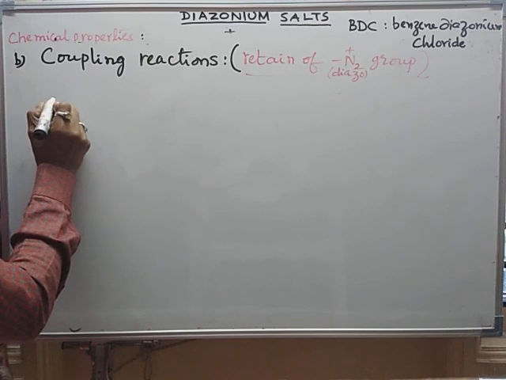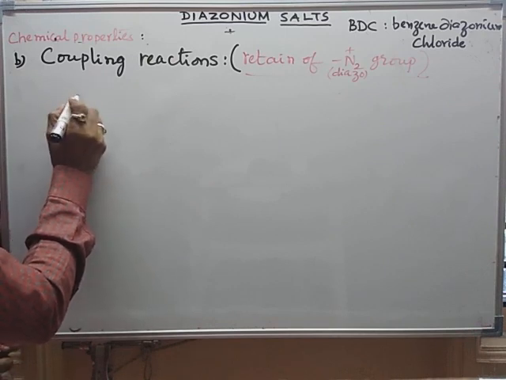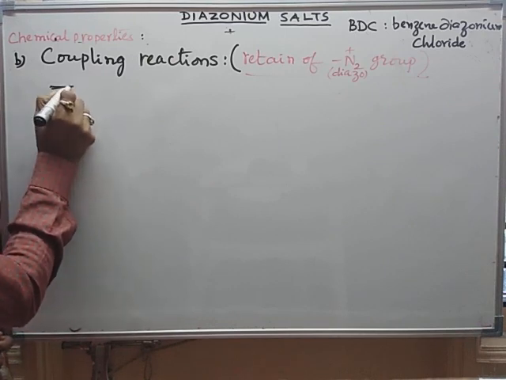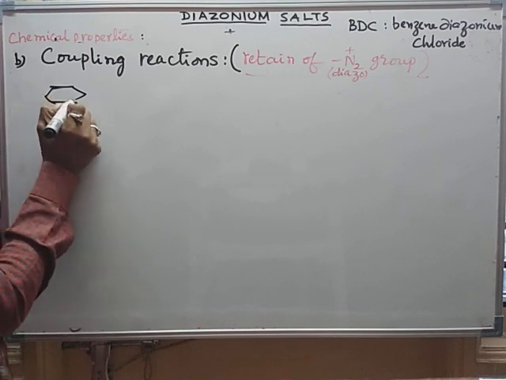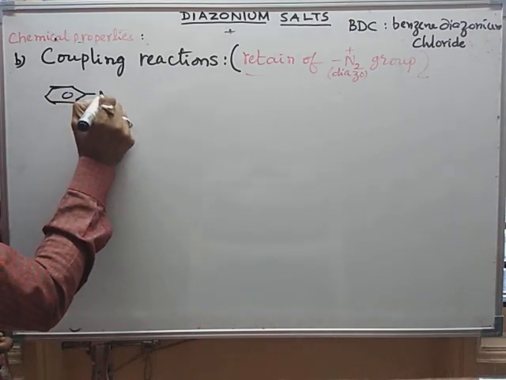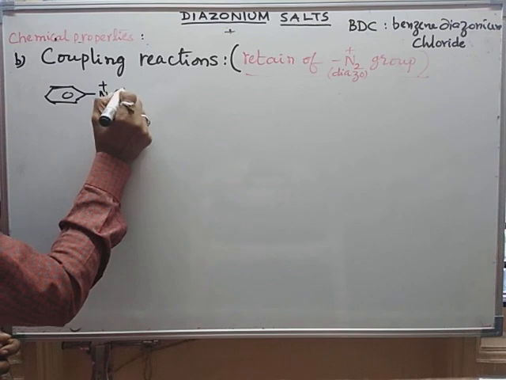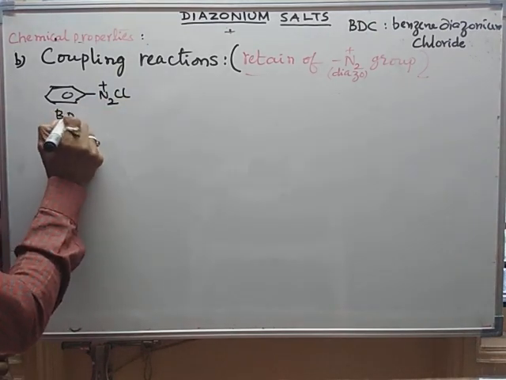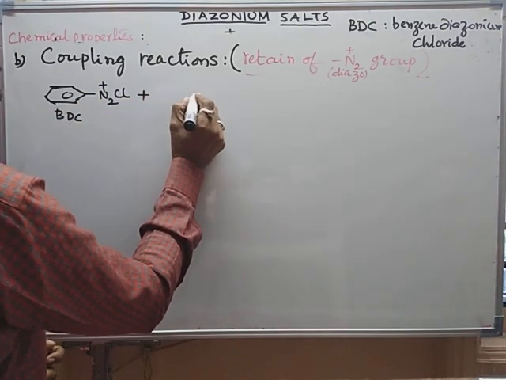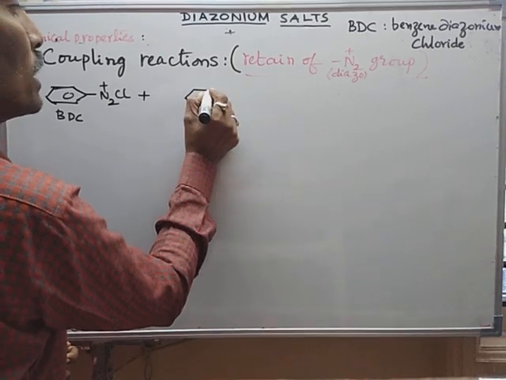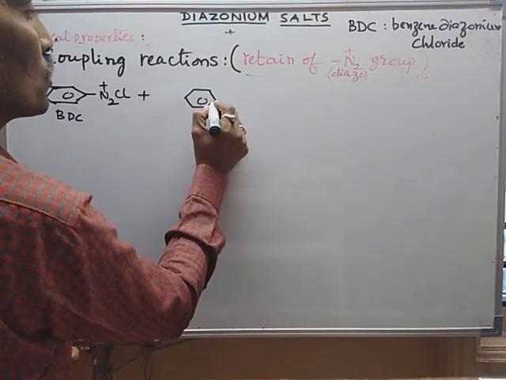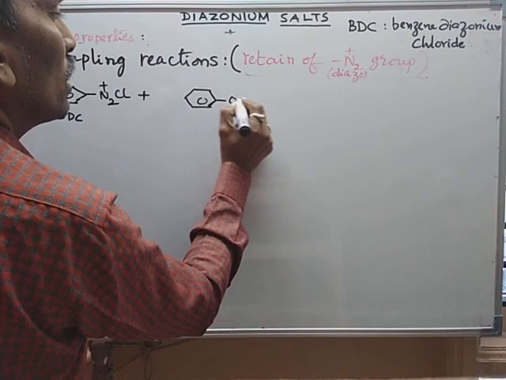I would like to write benzene diazonium chloride in this manner for better understanding. N2 plus Cl minus, benzene diazonium chloride, is reacted with phenol. Phenol I am writing like this, the vertical lines are for our convenience only.